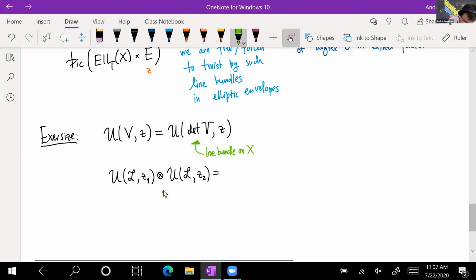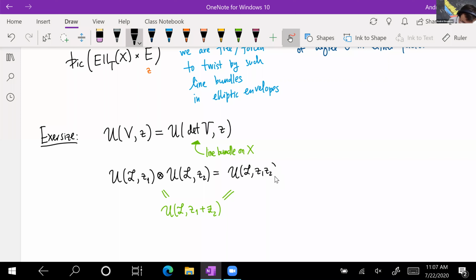By definition, that's the same as U of L, and then I add them up. So instead of taking a one-dimensional torus, I take a two-dimensional torus and a representation which is one weight plus the other weight. And then this equality that I'm going to write down is like the first equality, but in the second variable. So that would be U of L Z1 Z2. So instead of U of a sum, you can instead multiply.